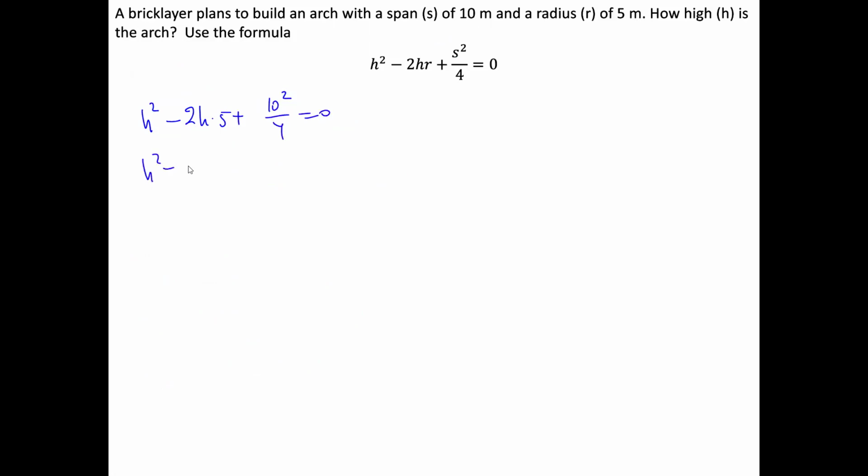So h squared minus 2h times 5, let's leave it like that, plus 25, which is 5 squared, right? So what I have, h minus 5 squared.